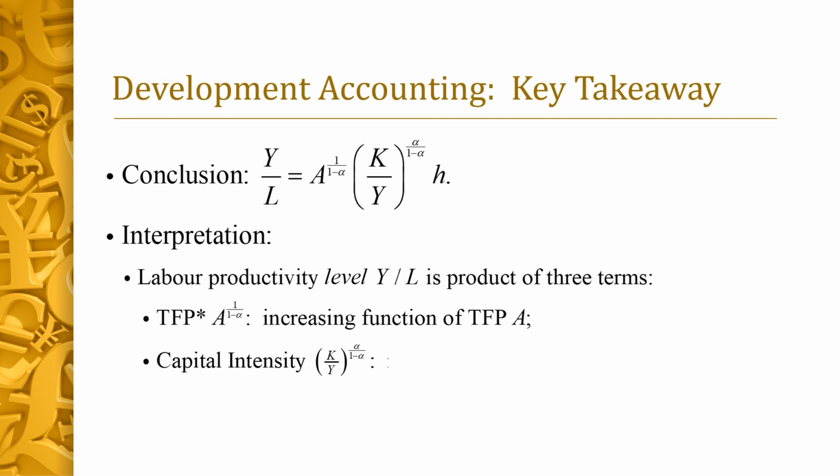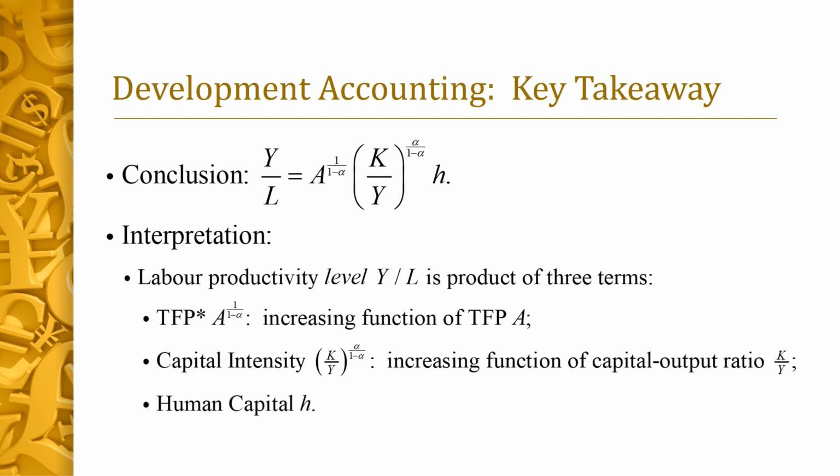This exponent is positive as well. Thus, capital intensity is an increasing function of the capital output ratio K over Y. The final term is simply human capital H.